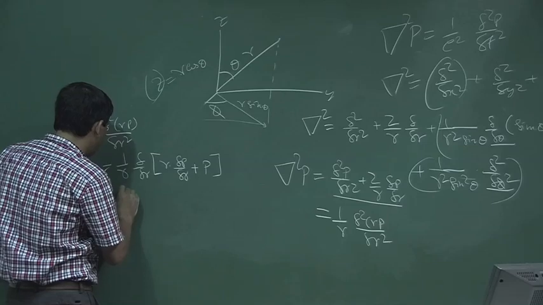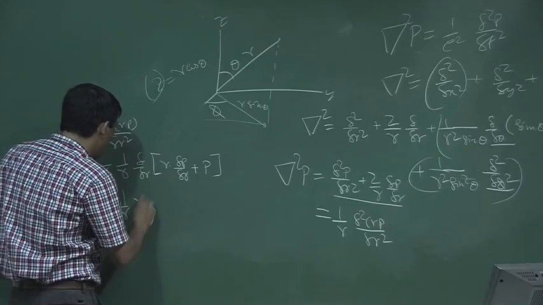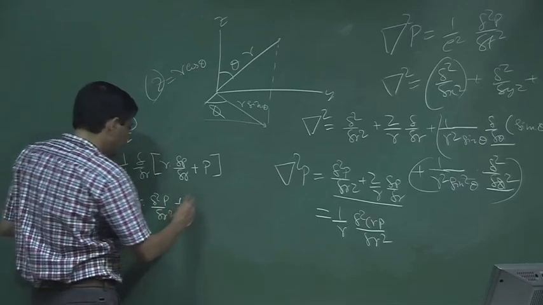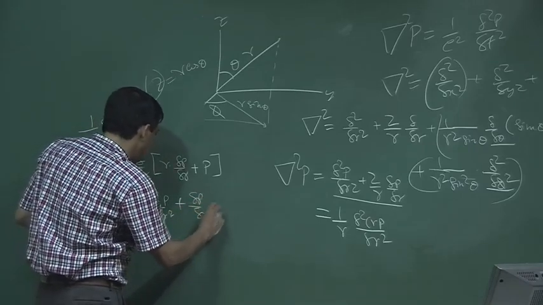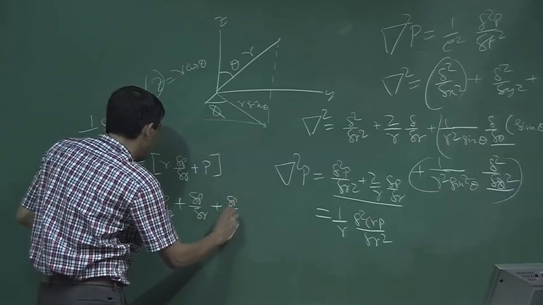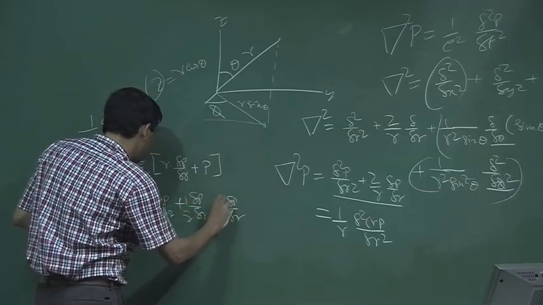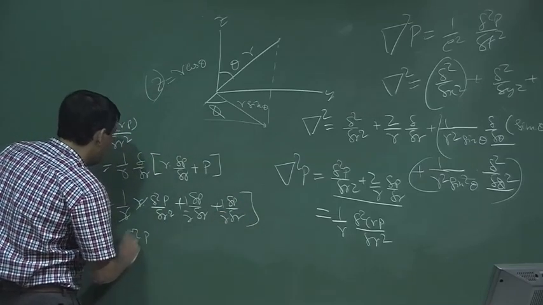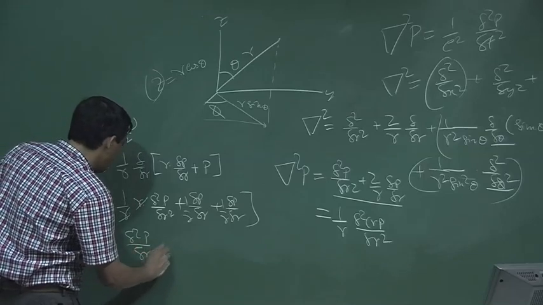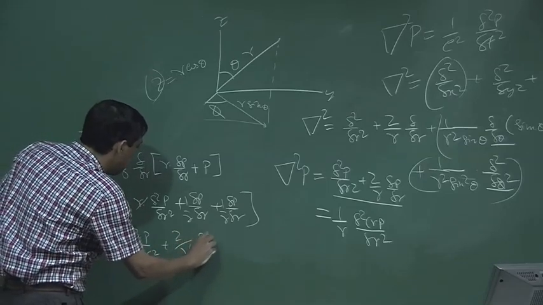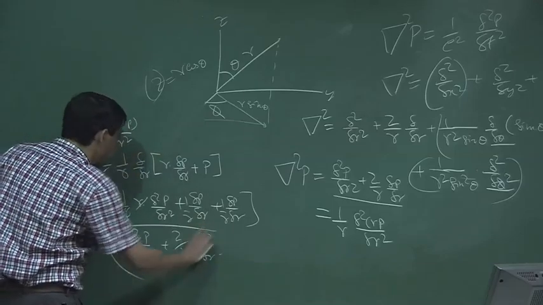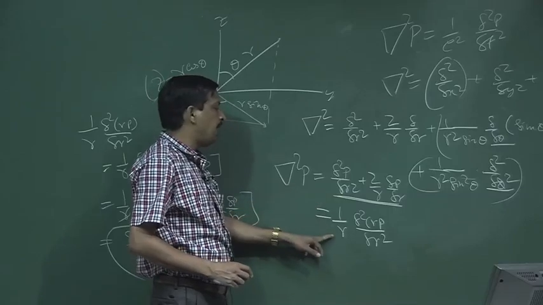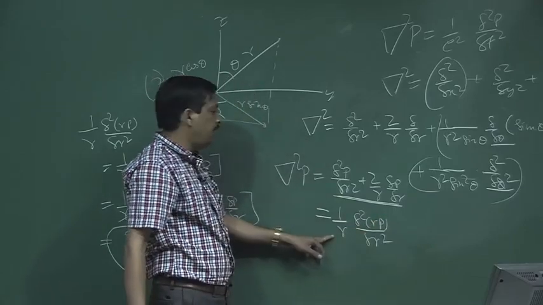Then 1 by r into r del square p by del r square plus del p by del r plus del p by del r. The r cancels, so it is del square p by del r square plus 2 by r del p by del r. So this thing and this thing are the same. So I can write del square p as 1 by r del square rp divided by del r square.